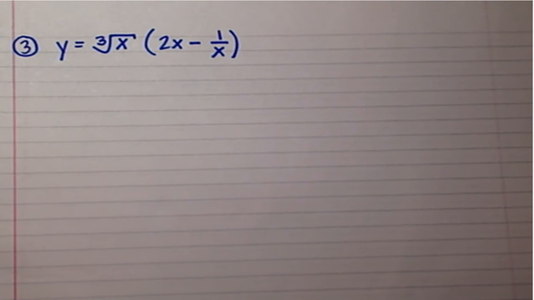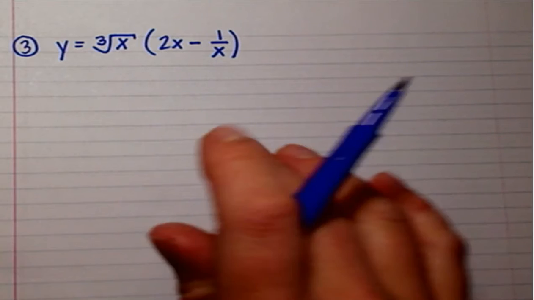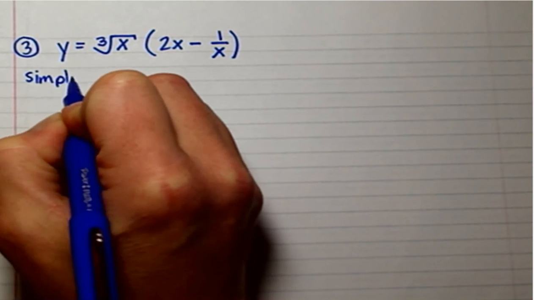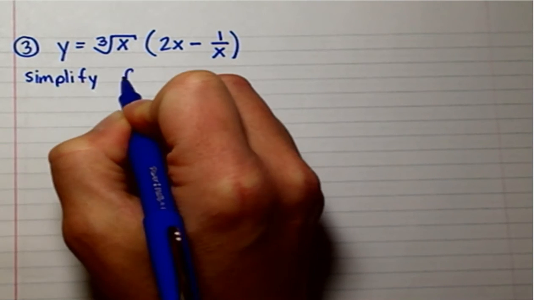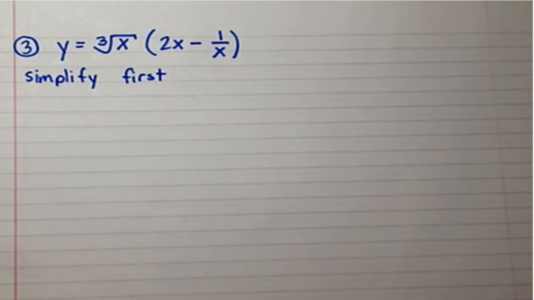Last problem for today. Simplify first. Okay. Distribute. Oh, okay. Right, this is how do I multiply it?